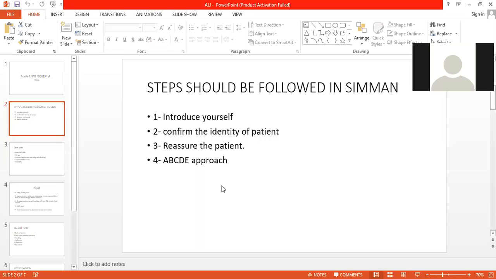Even then you have to do the A, B, C, D, E approach to show the examiner that in a real case scenario, I will do this approach instead of just directly going to the specific complaint of the patient. So you need to show the examiner that you will definitely follow the A, B, C, D, E approach in Simman. That's the point of keeping Simman in the exam.